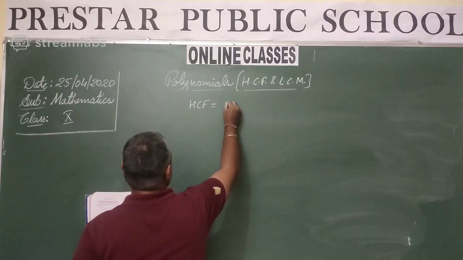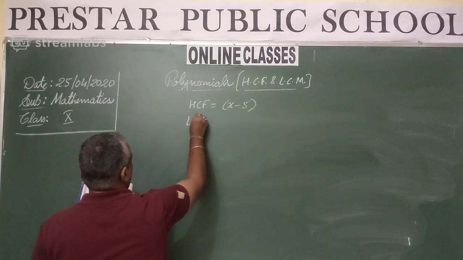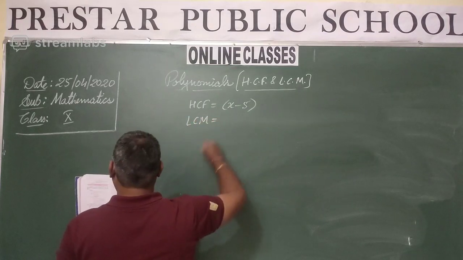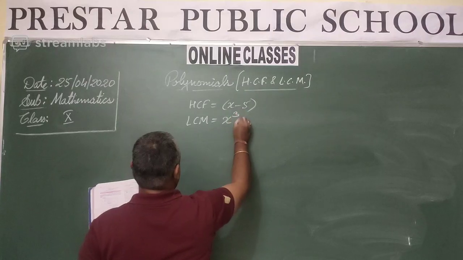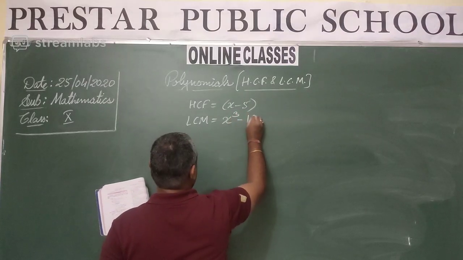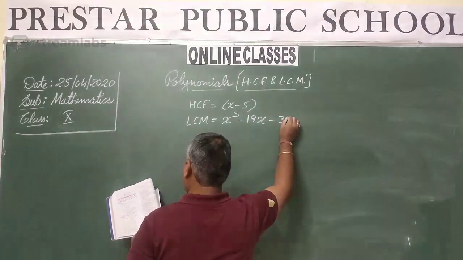There are two expressions. You are given HCF as x minus 5. LCM is given to you as x cubed minus 19x minus 30.